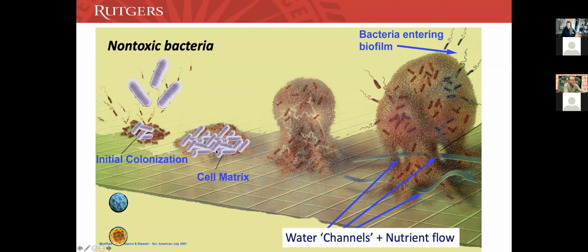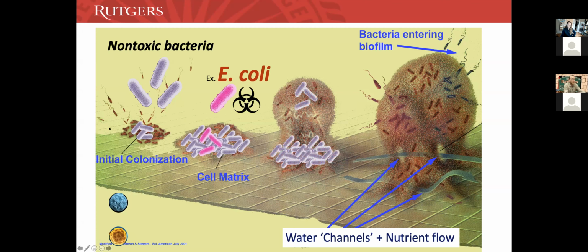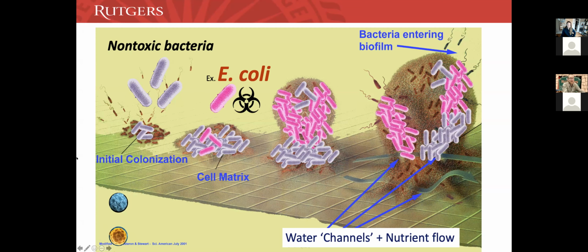Once this initial biofilm is started, you could have something like a foodborne illness E. coli that enters into your system and locks into that primary phase of the biofilm. As the biofilm continues to mature, you're having replication of that first non-toxic bacteria, as well as replication of the toxic bacteria. And as this continues, the biofilm becomes more vertical and has more of these water channels.